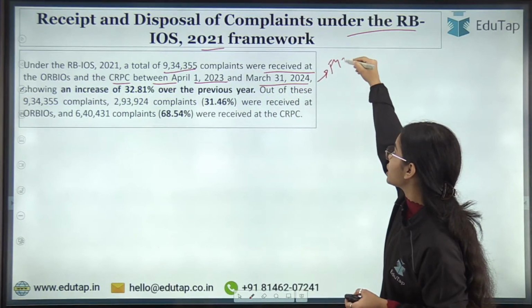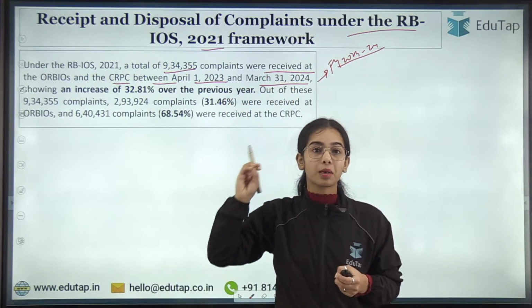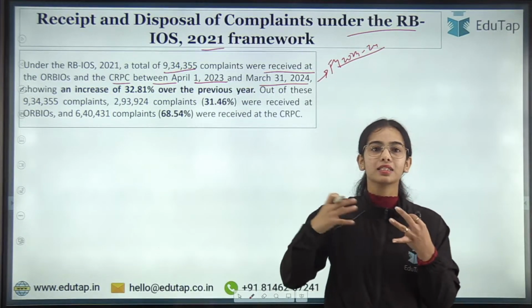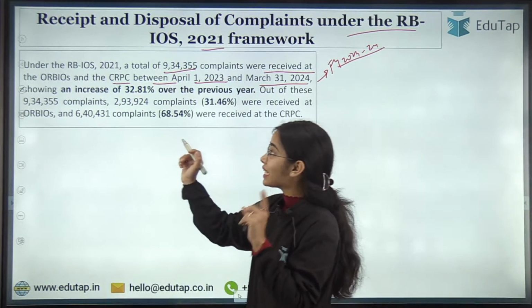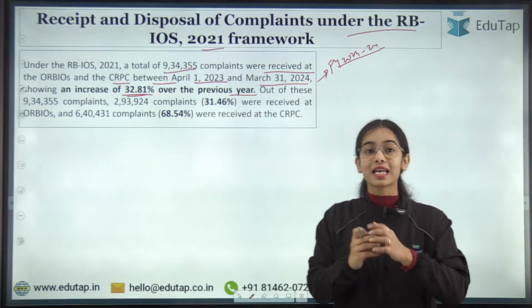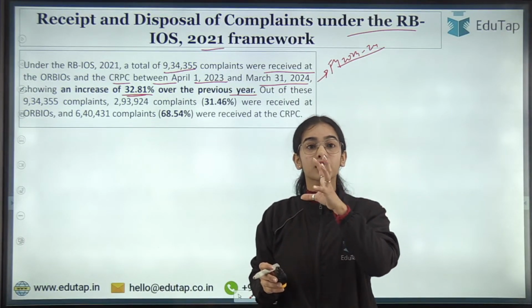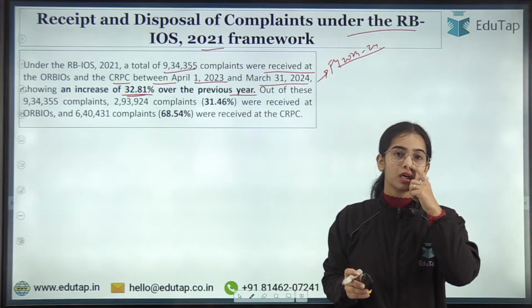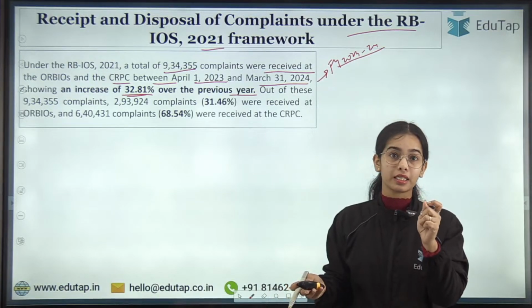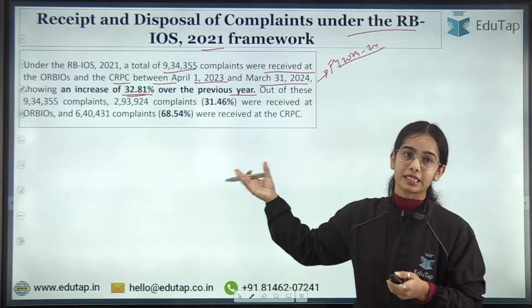That is, in the financial year 2023-24, there were 9,34,000 complaints received by the offices of the Ombudsman and the CRPC. This is an increase of 32.81% over the previous year. That is a huge increase that we can see.